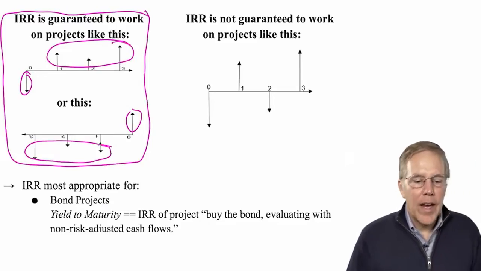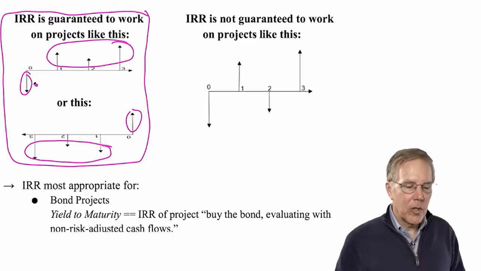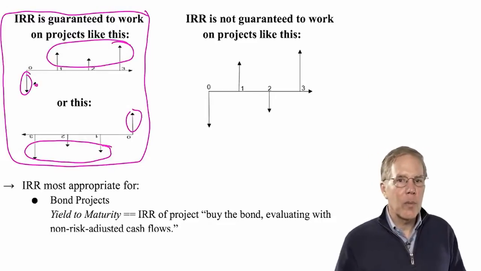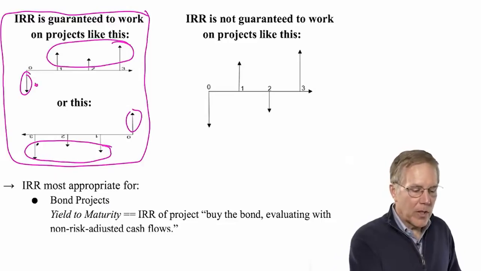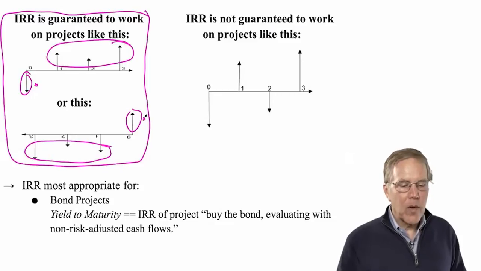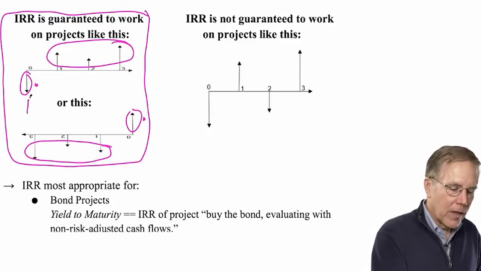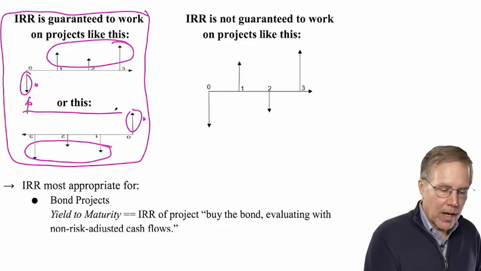Okay, so in these cases where we have, for example, one negative cash flow at t equals 0, all the rest of the cash flows are positive, or a bunch of negative cash flows until the last cash flow where that's positive, or there are two more cases, right? We could flip this over the x-axis and get something like this.